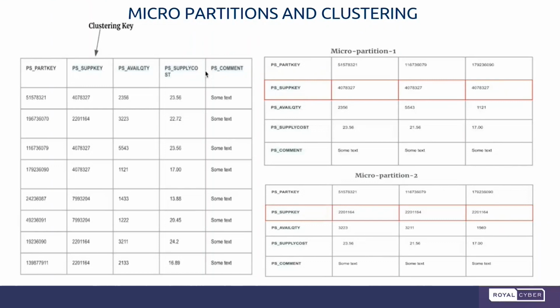So it's a column-oriented database. It's not a row-oriented database, which means that the data is stored in columns instead of rows. As compared to row-oriented data, column-oriented data is faster and it uses fewer resources. And each micropartition is 50 MB to 500 MB in size.